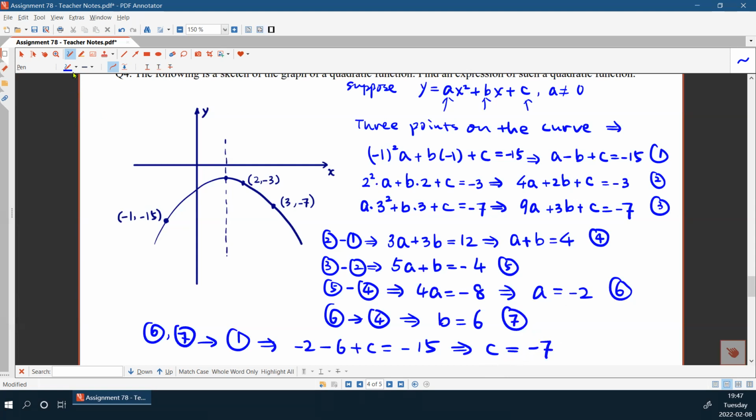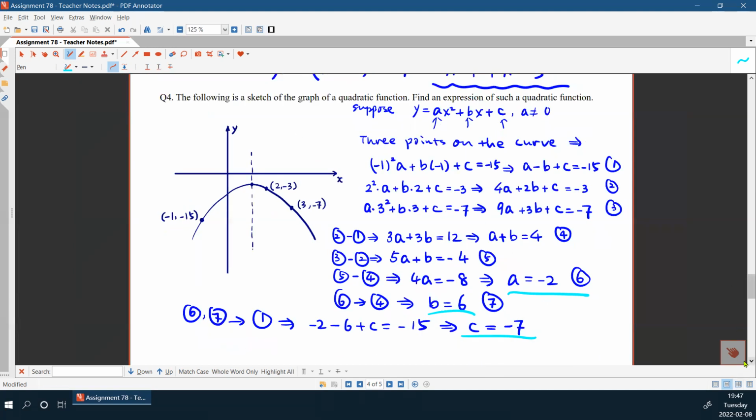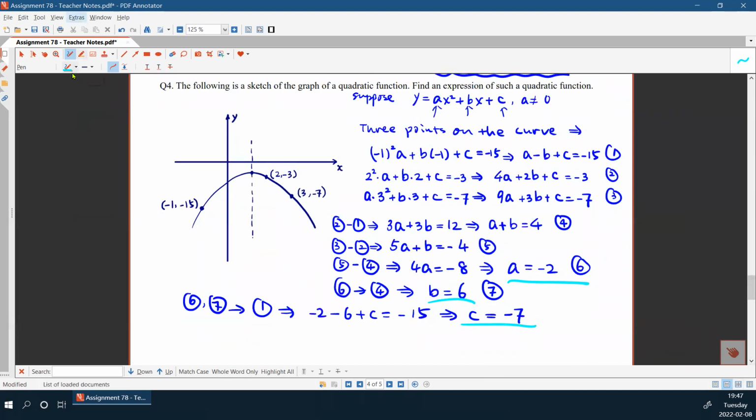Okay, so far we have successfully solved a, b, and c. That means we have solved the expression of this equation. And therefore, the expression of such an equation is y equals -2x squared, then plus 6x, then minus 7. This is our final solution.